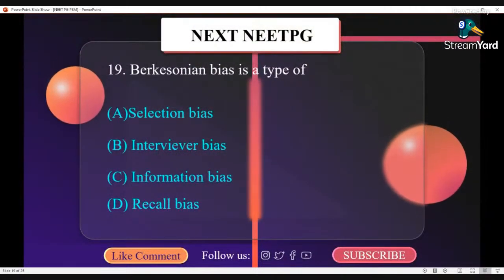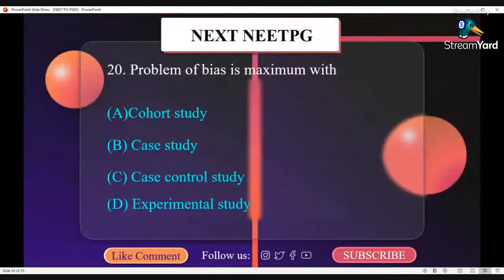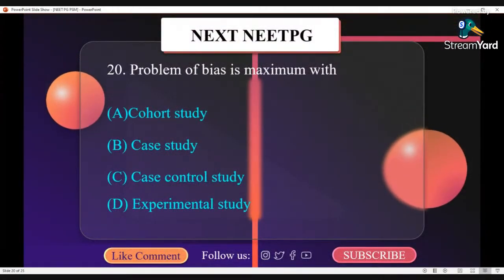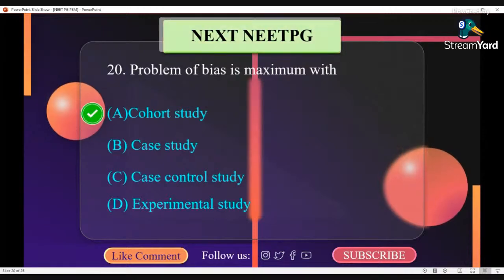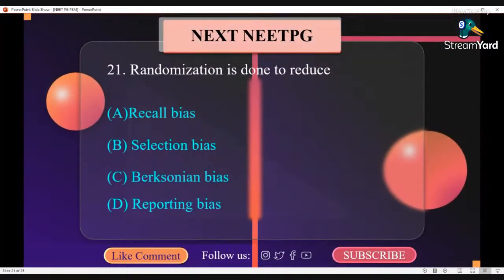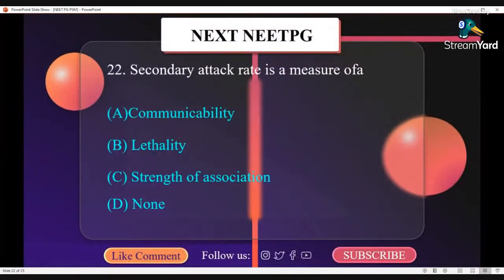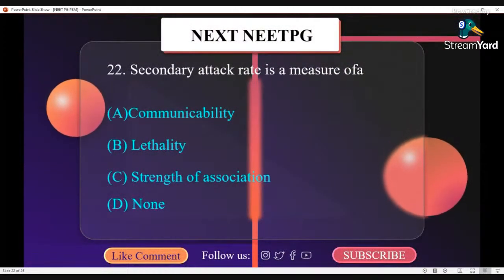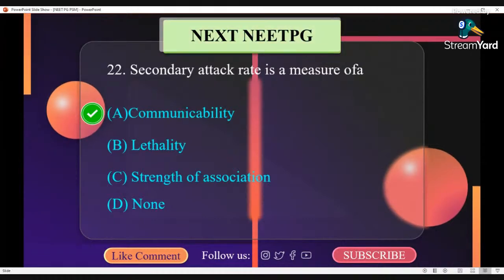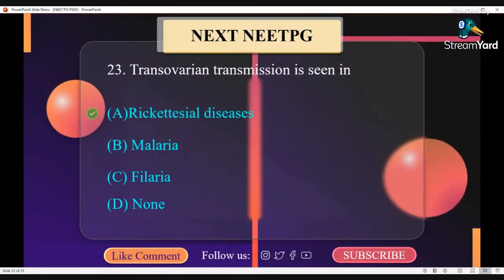Berksonian bias is a type of selection bias. Problem of bias is maximum with cohort study. Randomization is done to reduce selection bias. Secondary attack rate is a measure of communicability. Transovarian transmission is seen in rickettsial disease.